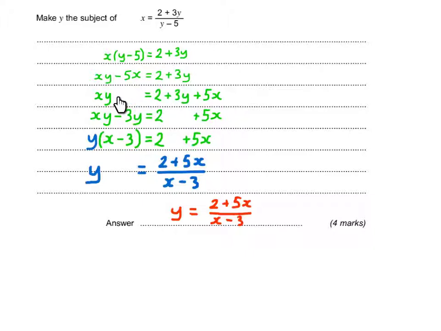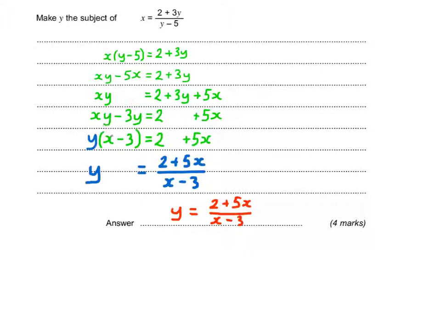Now I'd like that 3y to be with the other y on the left hand side, so I'm going to take away 3y from both sides, so that xy minus 3y equals 2 plus 5x. Now with xy minus 3y, you can factorise y out of it.